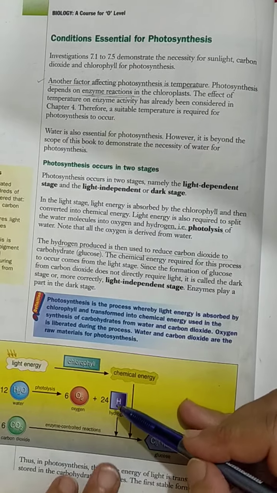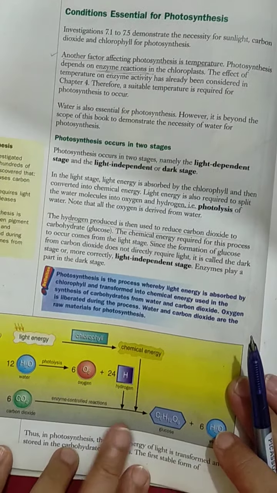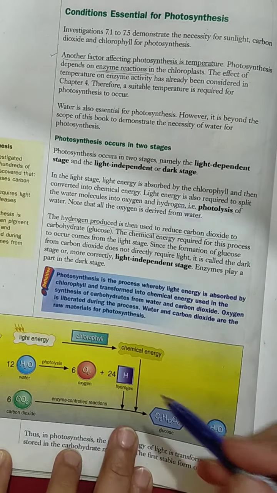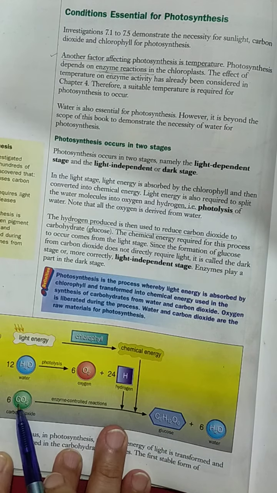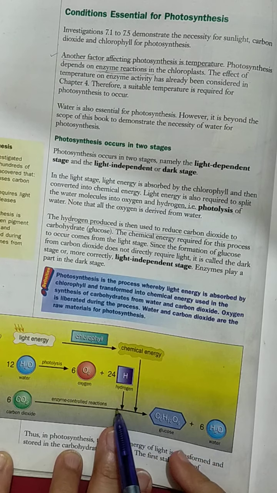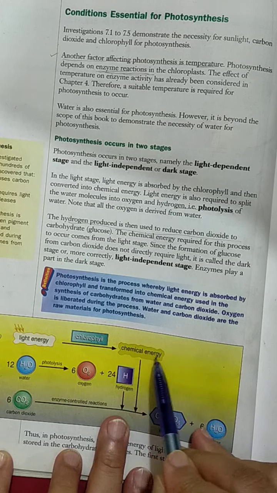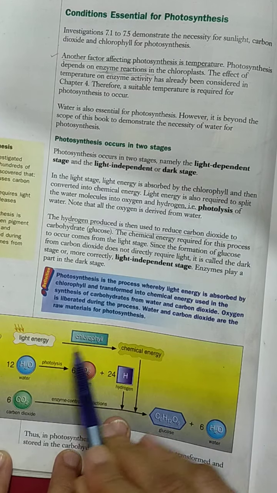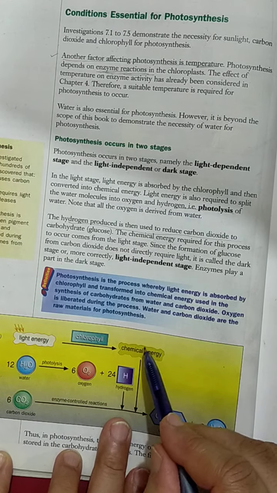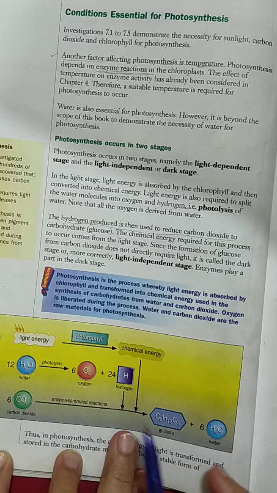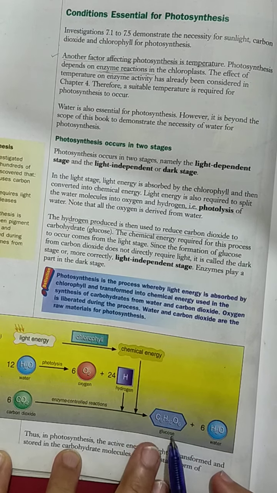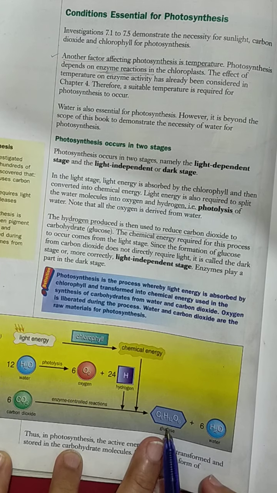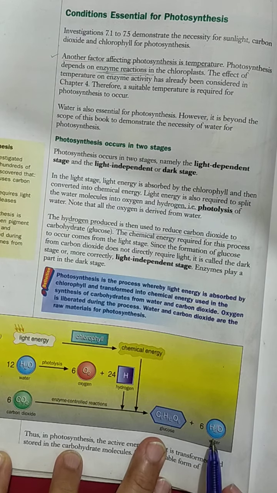So what is going to happen here? You can find in this next equation that this hydrogen will be added to this carbon dioxide, and both the carbon dioxide and hydrogen will combine, and the chemical energy which was produced during photolysis will be used here to convert this carbon dioxide and water into glucose, and during this process water will also be released.